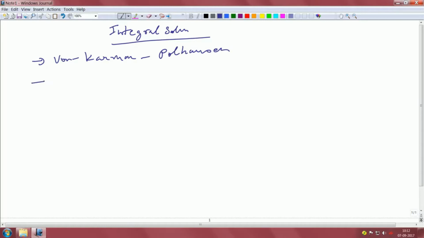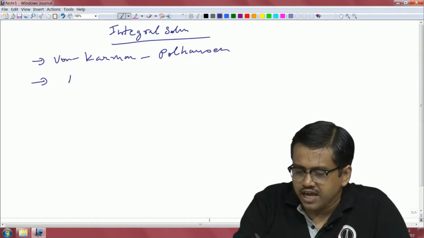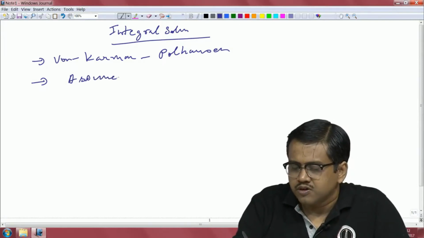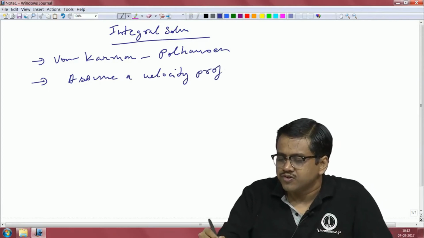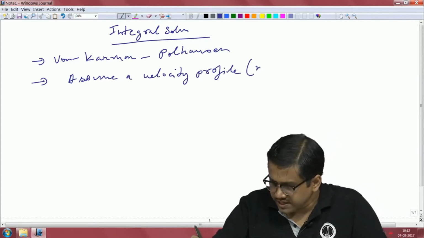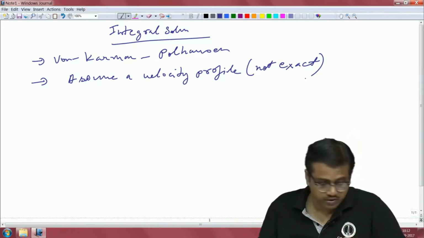The main building block of this particular approach is to assume a velocity profile, which is not exact, because without the actual solution we do not know what the velocity profile would look like.